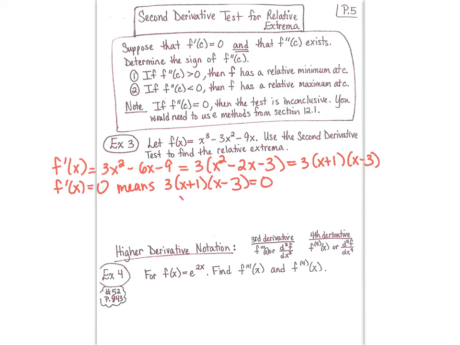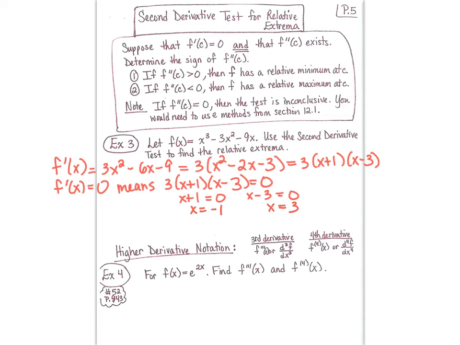Well, that means x plus 1 is 0, or x minus 3 is 0, because you can divide both sides of this equation by 3, and that gives you this. So that means x equals negative 1, or x equals 3. So this is our c.